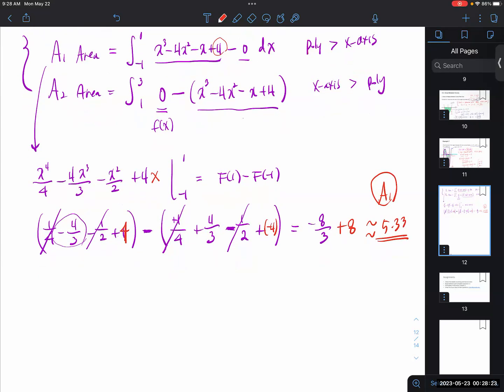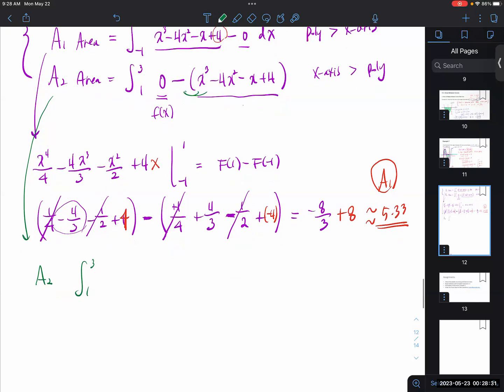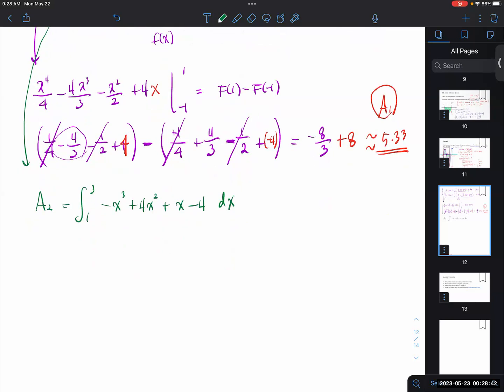And then the A2 area. For A2, we're going to do 1 to 3, and then apply the distributive property, because we subtract from 0: minus x to the third plus 4x to the second plus x minus 4, dx. So you're going to take the integral: minus x fourth over 4, 4x to the third over 3, x second over 2, minus 4x, from 1 to 3.